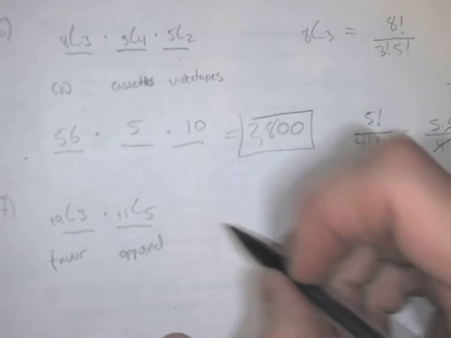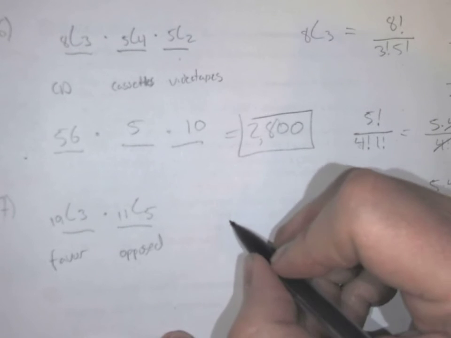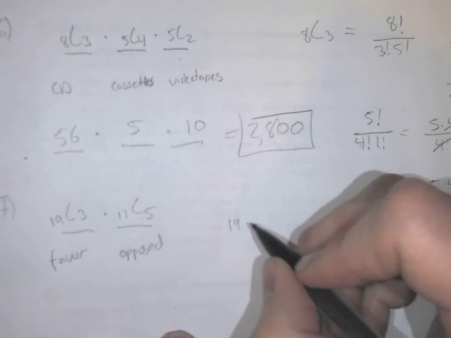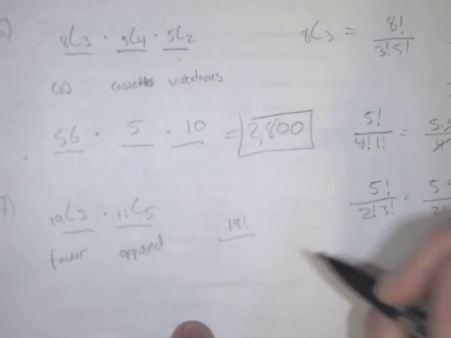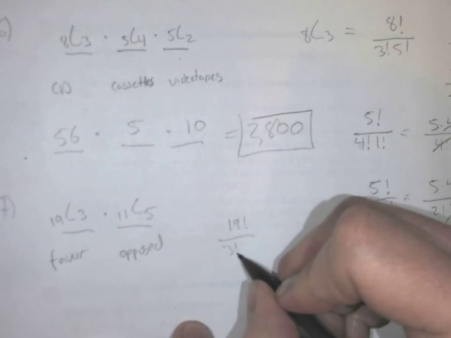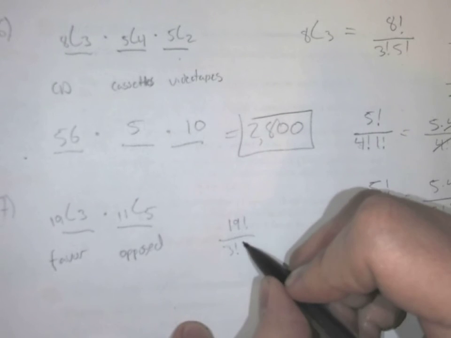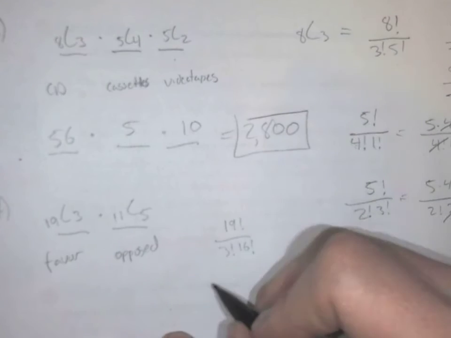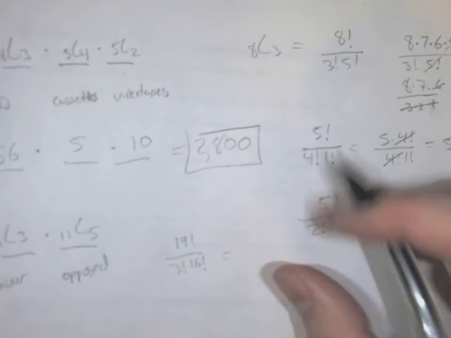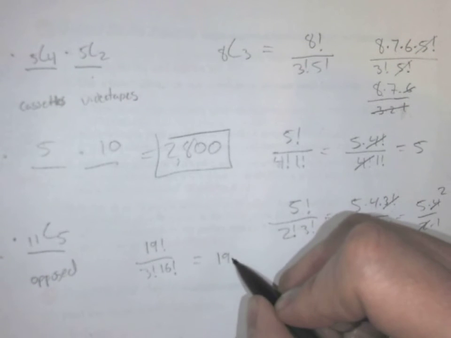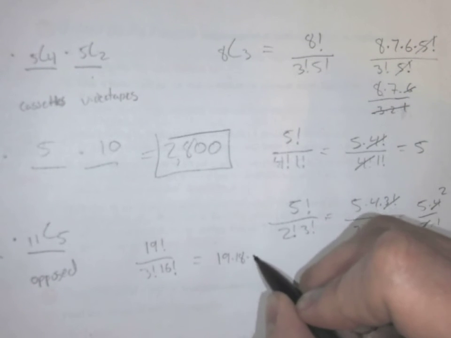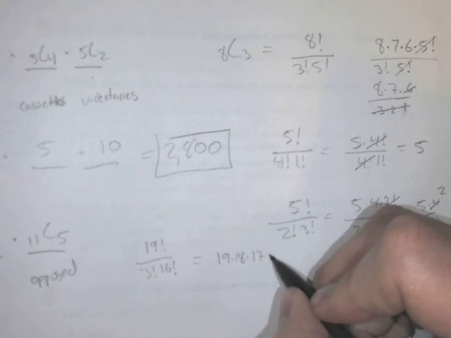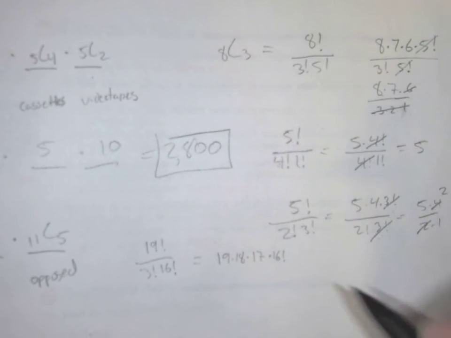All right, so we got 19 combination 3. So 19 factorial over 3 factorial, and then 19 minus 3 is 16 factorial. So this is going to be 19 times 18 times 17 times 16 factorial.